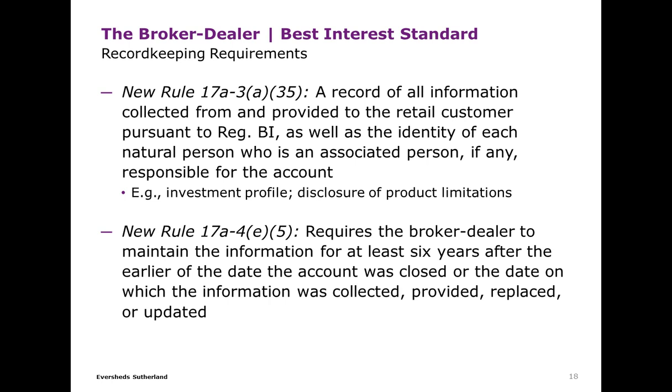From a disclosure standpoint, you'll need to document when the disclosures were made to the customer, how they were made, who made them, the rep associated with the account. So when you think over the Disclosure and Care Obligations, those are two areas where records will need to be maintained. And this is a record-keeping requirement that will most likely, I would imagine, require firms to build either new systems or modifications on their record-keeping systems, because this is new information that firms will be capturing.